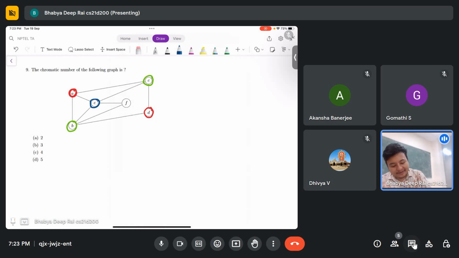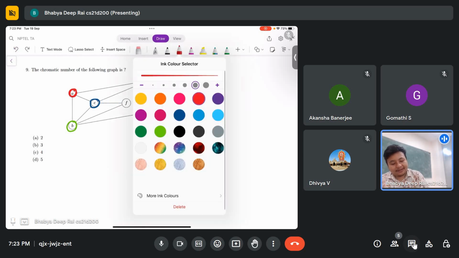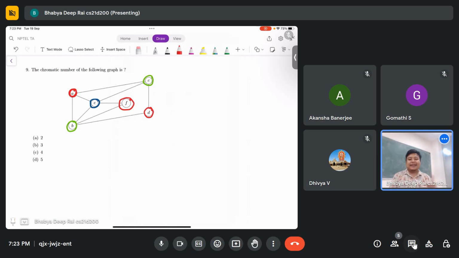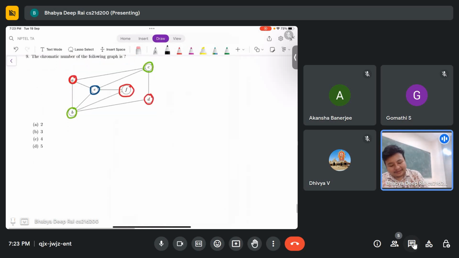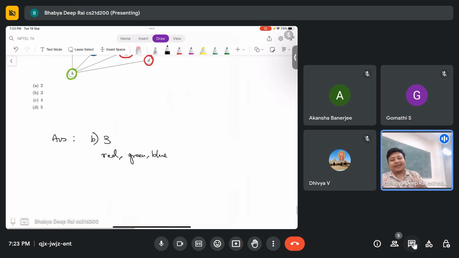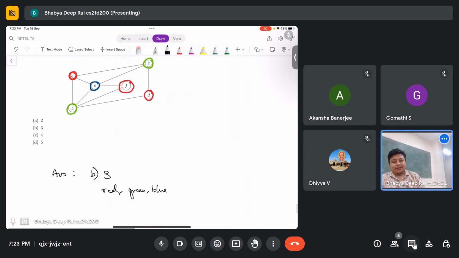Now F is connected to E and B, which are blue and green respectively. So I can use red now, because F is not adjacent to a red colored vertex. So how many colors have I used? Answer is B, 3. I've used 3 colors: red, green, blue, and you can verify that it is properly colored. Good.